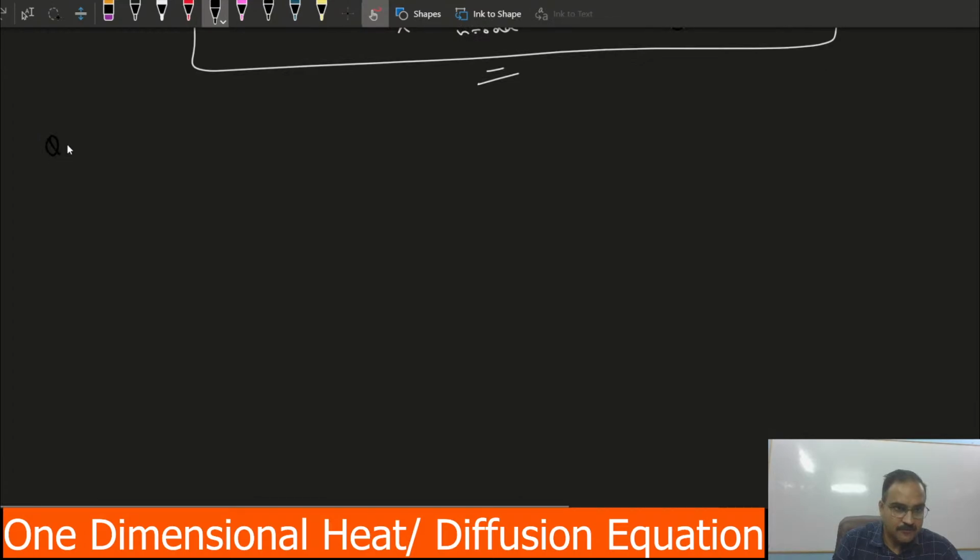Now here the statement is: the ends A and B of a rod of length 20 centimeter are at temperature 30 degrees Celsius and 80 degrees Celsius until steady state prevails.